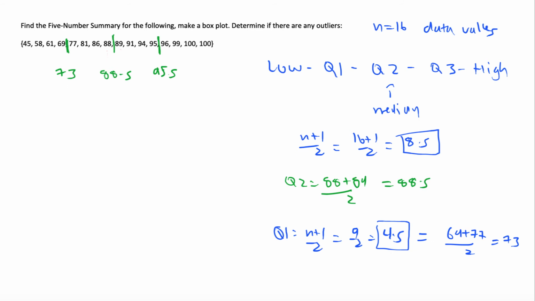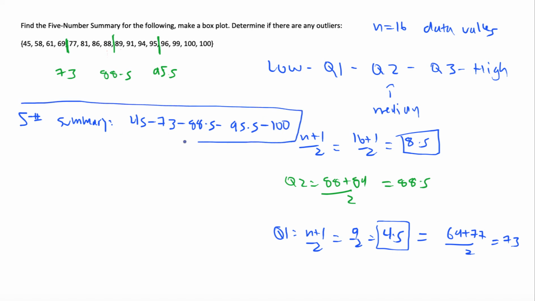The 5-number summary: we get 45, 73, 88.5, 95.5, and 100. That gives us the 5 values: the low, the high, the first quartile, the second quartile or median, and the third quartile.